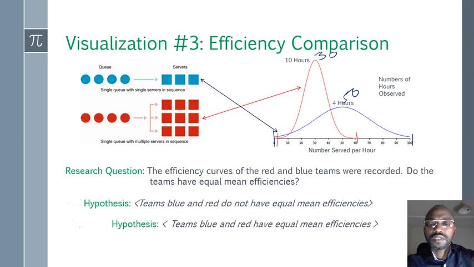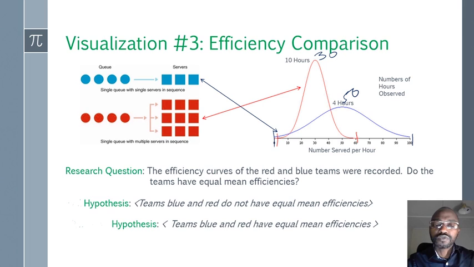Now, to write a null hypothesis, we have to write one that will basically be rejected so that the alternative hypothesis will be accepted. The alternative hypothesis that will be accepted will be the one that shows the relationship between the red and the blue teams.